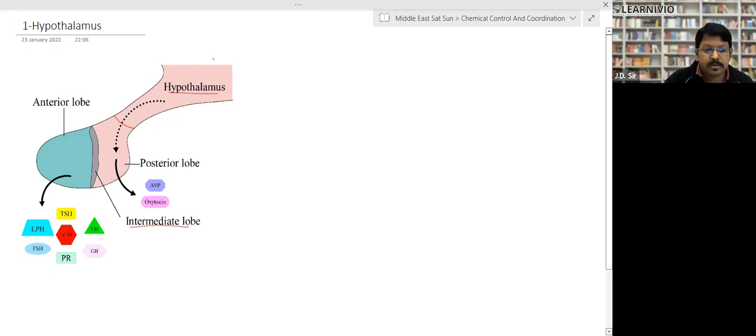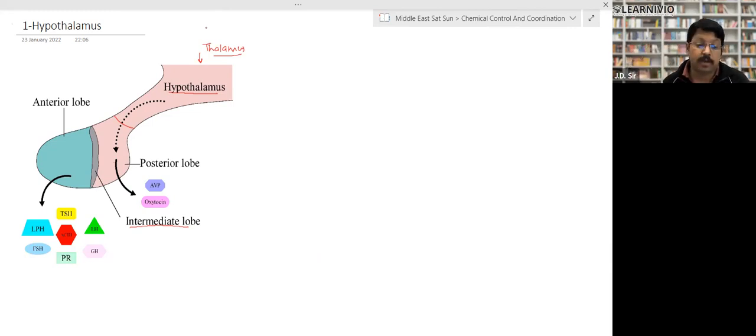This part at the base of the brain is called thalamus, right? Hypothalamus is present below the thalamus. It provides an anatomical connection.